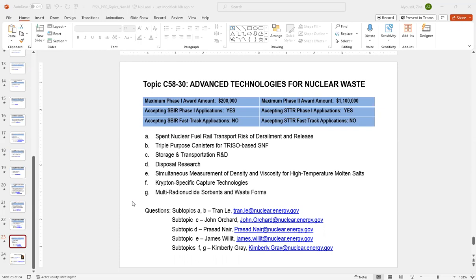In terms of expectations between phase 1 and phase 2, for phase 1, the scope of the work will focus on investigating the feasibility and conducting scoping studies for the development of a triple purpose canister system concept that would support TRISO-based spent nuclear fuel in a spherical pebble form and possibly compact form as well.